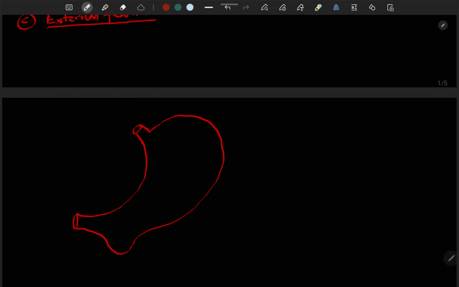Now this one is known as the cardiac notch. This portion is known as the fundus.